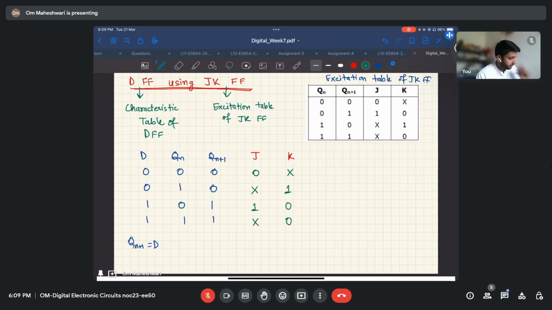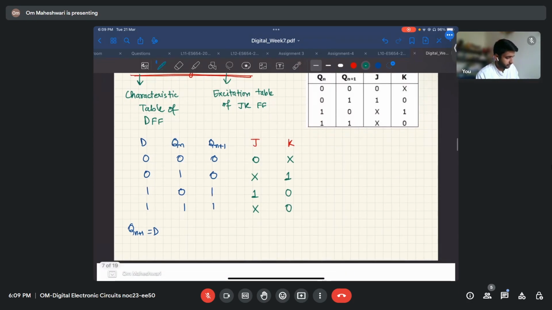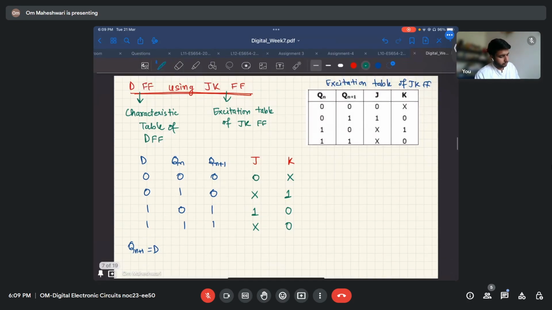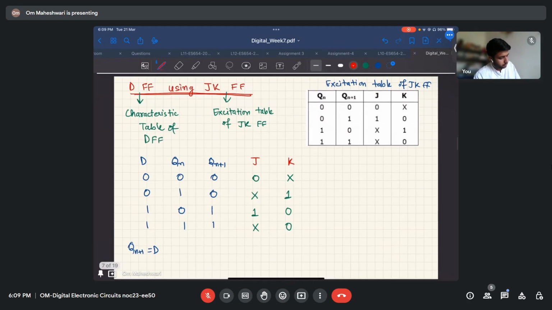Okay, so now we have also made the excitation table for JK. Now let me write it in steps: step 1, step 2.